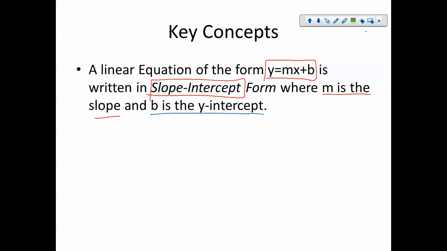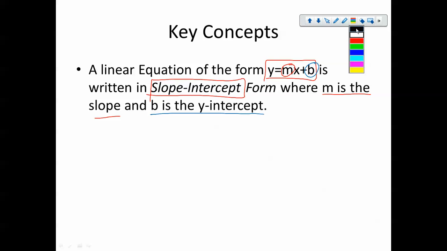So m is the slope, and b is the y-intercept. Whatever number is in for this m, that is going to be what the slope is, and whatever number we have for b, that's what the y-intercept is.